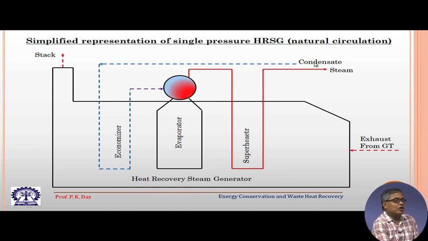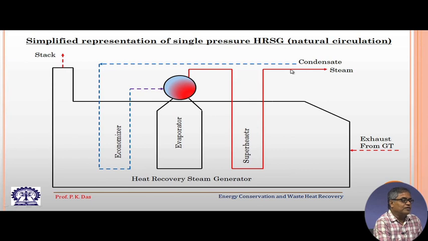That means the condensate at the lowest temperature, before it gets into the saturated condition, should be at the farthest end of the heat recovery steam generator, because there the exhaust gas is at the lowest temperature.